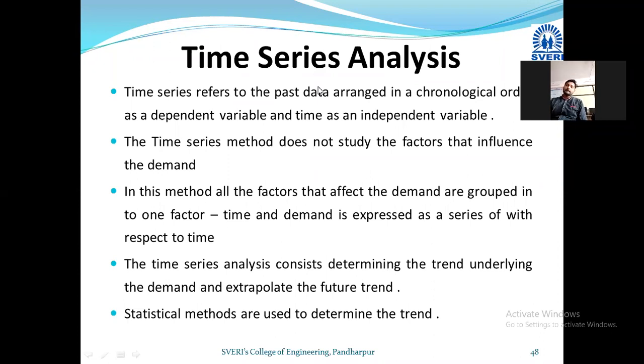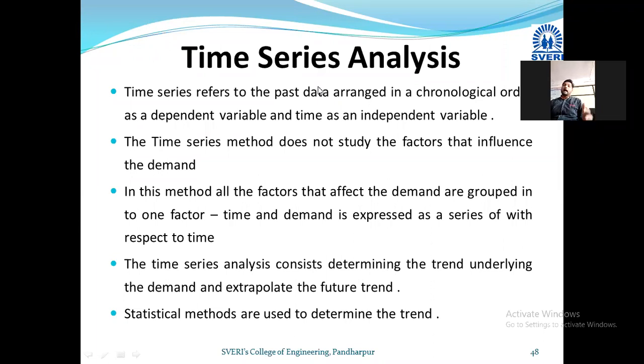So why is this time series analysis carried out? Over a large time frame, if you want to understand whether the company's sale or product demand is increasing or decreasing, let us say over a 10-year, 15-year, or 20-year time frame, that you will come to know by using time series analysis.